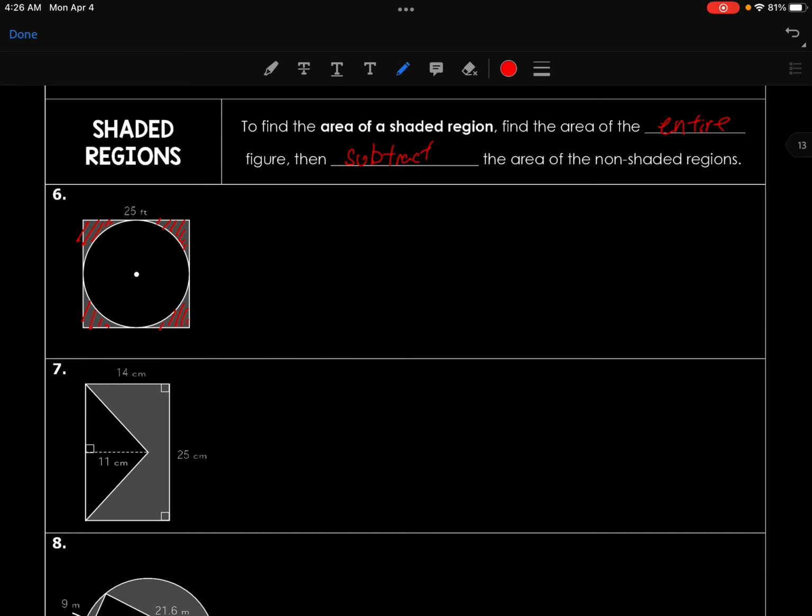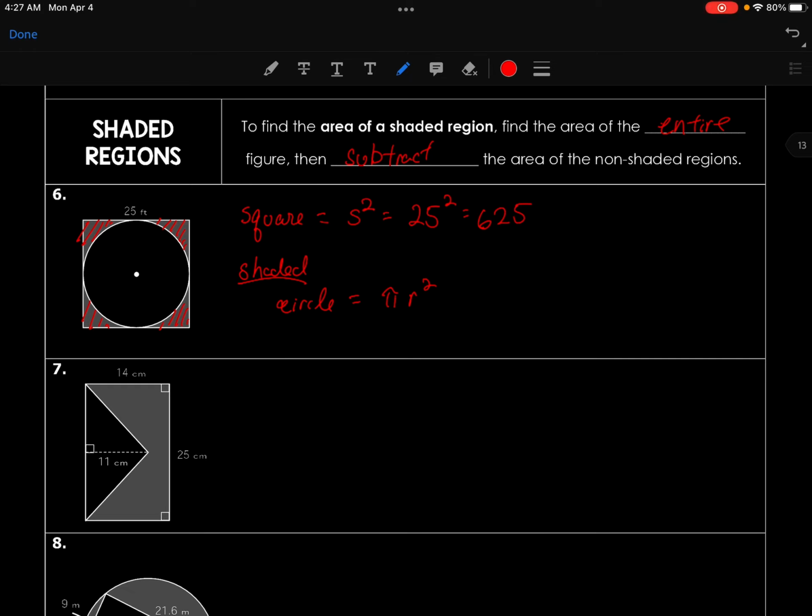Well, the area of the entire figure here is just a square. The area of a square is always side squared. In this case, it's 25. So it's 25 squared, which will give you 625. Now, the area of the shaded part is a circle. And for the circle, the equation is pi r squared. But how do we find the radius?